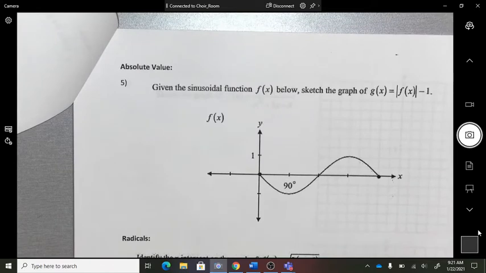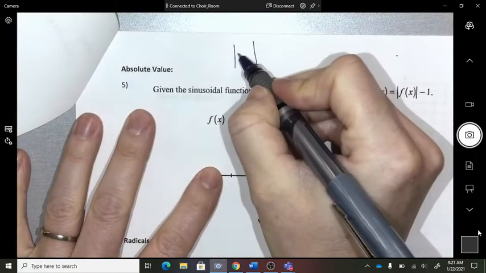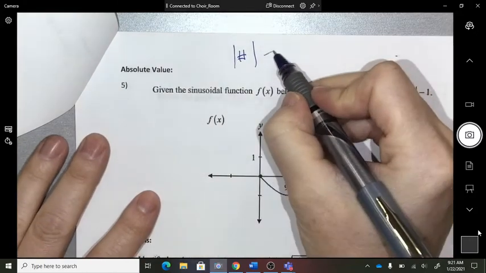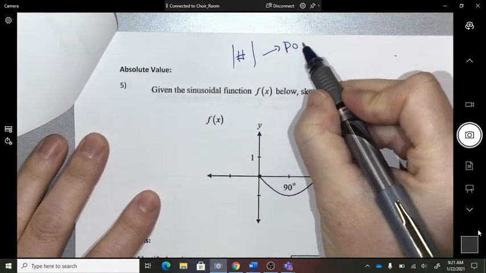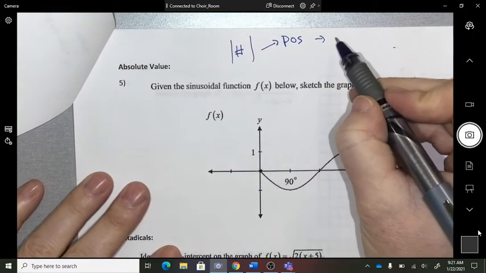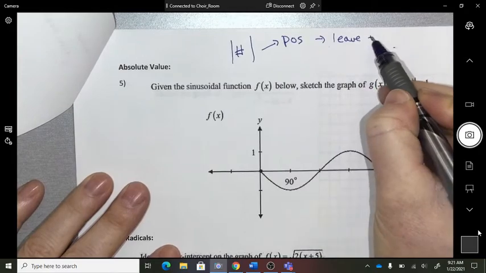Okay, absolute values. What are the rules? If you have an absolute, if it's a positive number, what would you do with it? You would leave it, right?